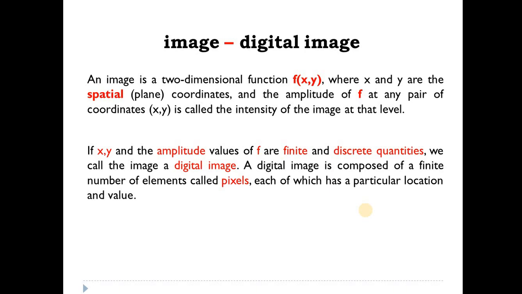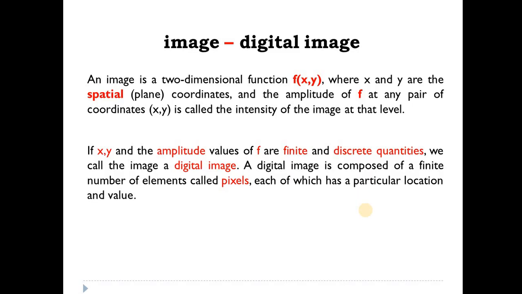If we consider this image, the coordinates x comma y and the intensity level f are all infinite quantities, which means this image can be called an analog image.